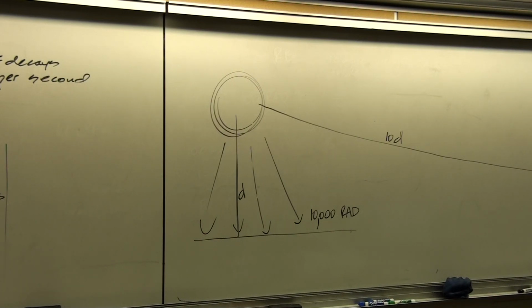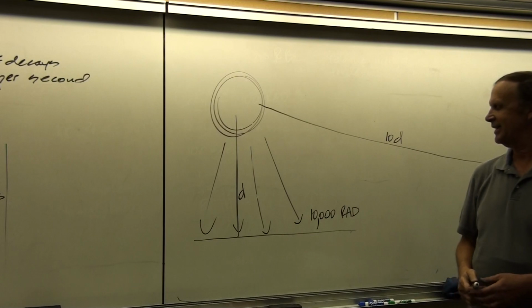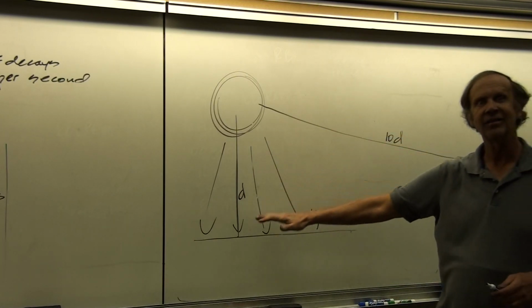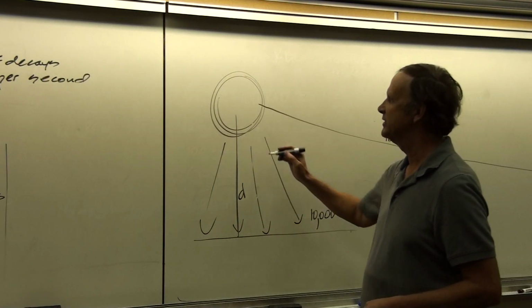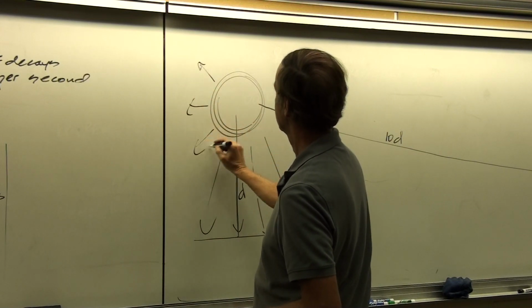So typically you might get 10,000 rads of neutron radiation, 10,000 rads of alpha radiation, and beta radiation. You get all of it nearby, and an atomic bomb would tend to blow up a certain distance above the surface.